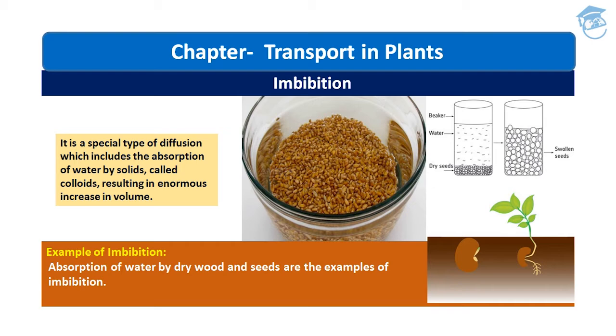Seeds and other such material have almost no water, hence they absorb water easily. A water potential gradient between absorbent and liquid imbibed is essential for imbibition. In addition, for any substance to imbibe any liquid, affinity between absorbent and liquid is also a prerequisite.